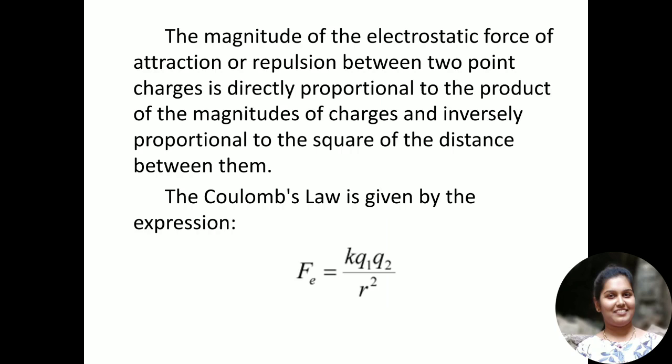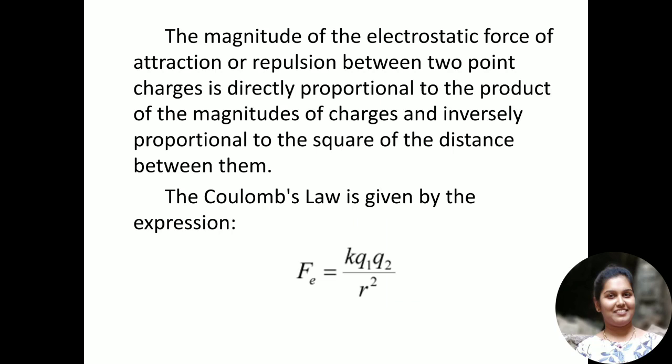Coulomb's law. The magnitude of electrostatic force of attraction or repulsion between two point charges is directly proportional to the product of the magnitude of the charges, that is Q1 and Q2, and inversely proportional to the square of the distance between them.